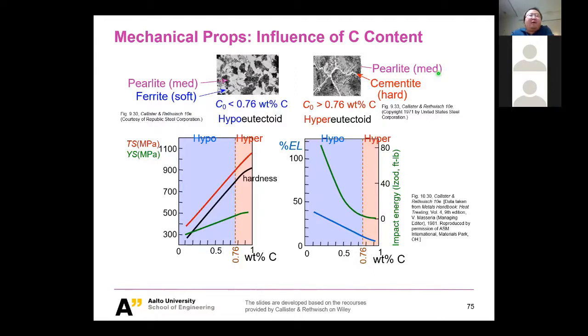They're mediate hard. And for the hypoeutectoid, you have the proeutectoid ferrite, which is rather soft. And for the hypereutectoid steel, you have the proeutectoid cementite, which is hard. So now you can already imagine what will happen.